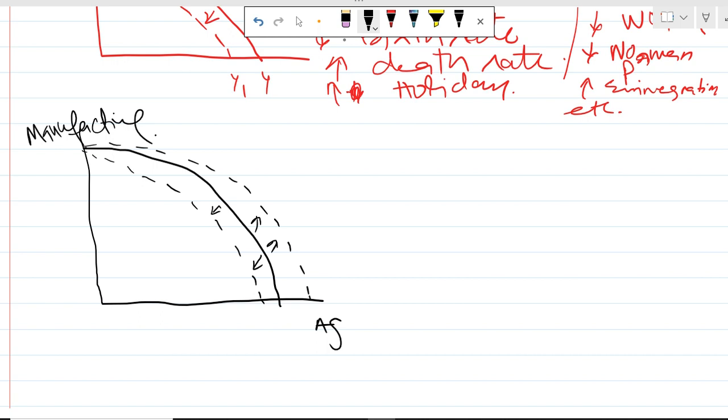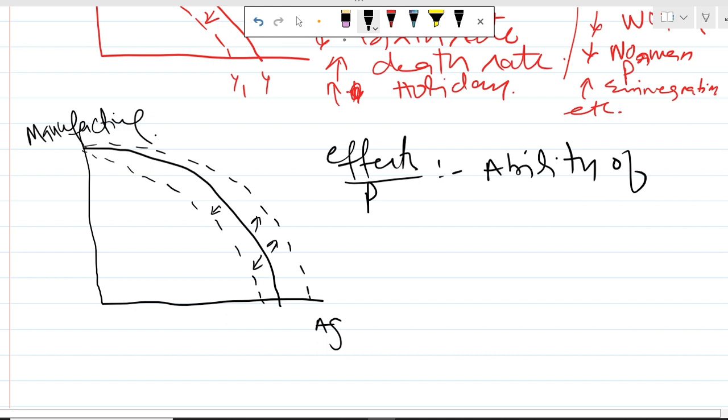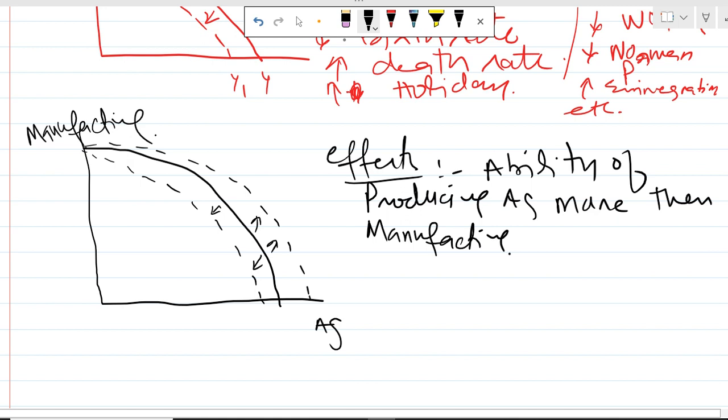It affects the ability of producing agricultural goods more than manufacturing. We say that manufacturing is constant.